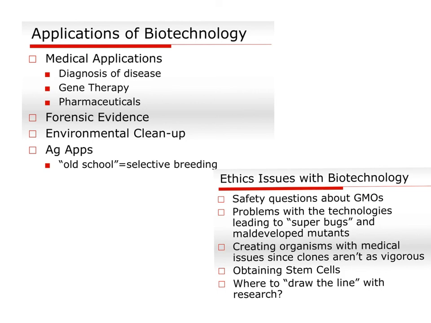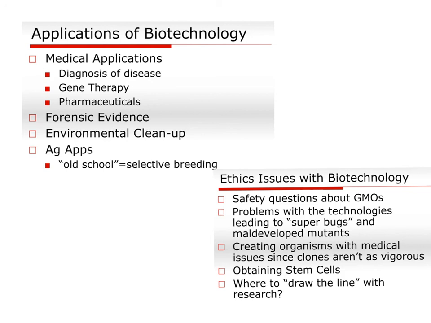This is a process, though, that needs to be done very carefully. There are a lot of safety questions about genetically modified organisms or genetically engineered individuals. Those are called GMOs, by the way. There are problems with these technologies. There are a lot of issues, for example, of genetically engineered organisms being released into the environment and what impact they are going to have.